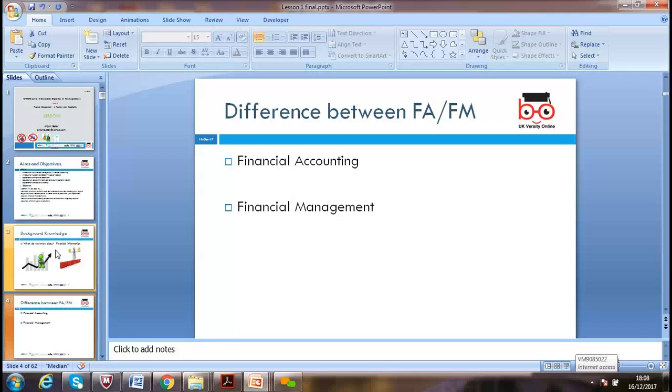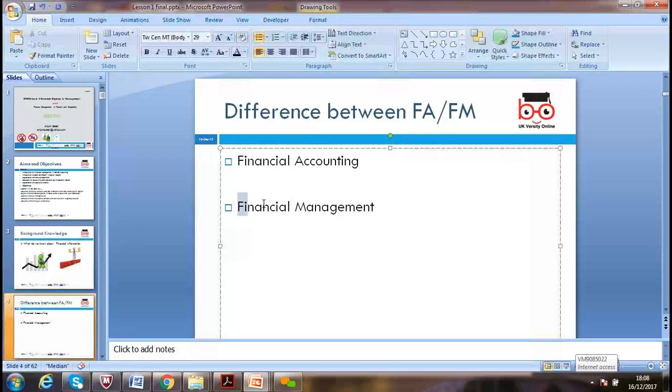Then there is another institute for the management accountant, CIMA, which is the Chartered Institute of Management Accountants. One is dealing with the financial accounting, and financial management is dealing more with the costing. How much does it cost me? Financial accounting is just recording.